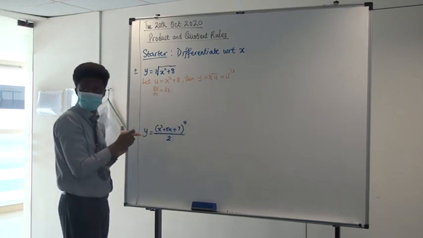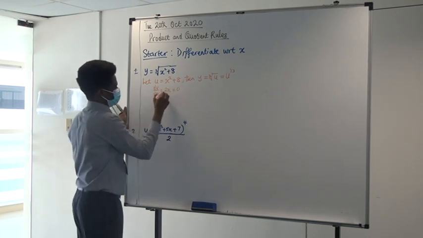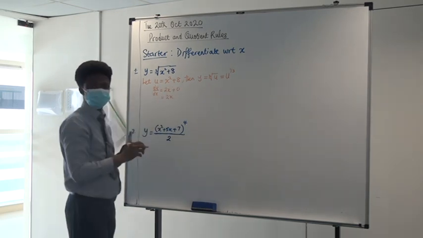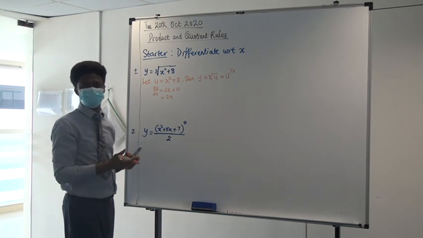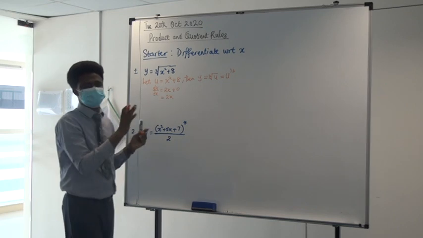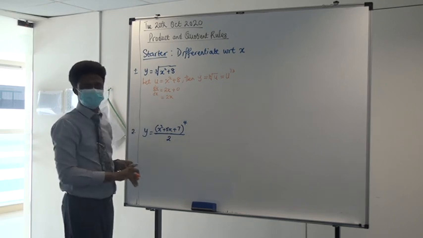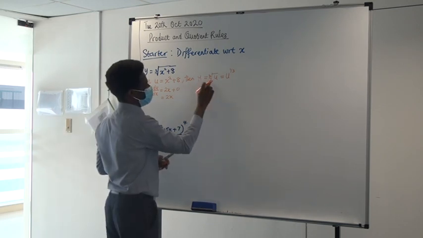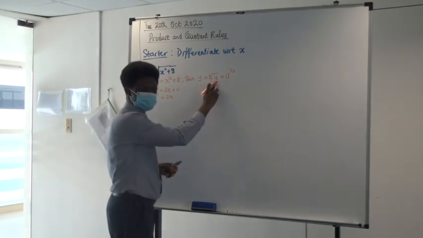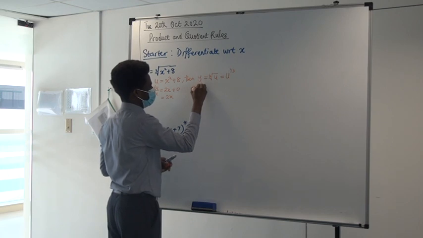Is it okay to write 2x? As we are beginners, sometimes it can be confusing. So feel free to write 2x plus 0, or even 2x^(2-1) plus 0. It's always allowed. Over time, you get used to just writing the answer directly. From here, because this is y in terms of u, you can only find what? dy/du.